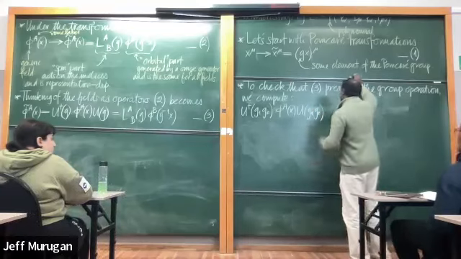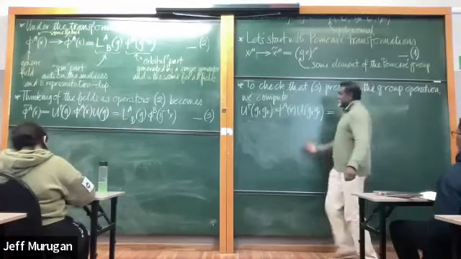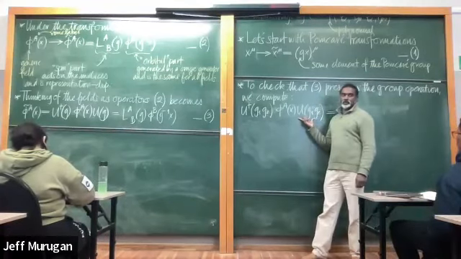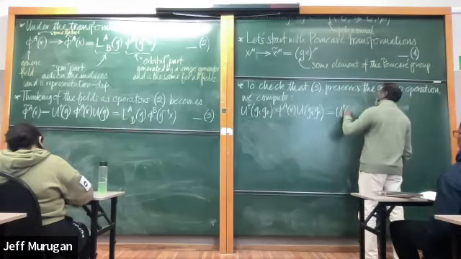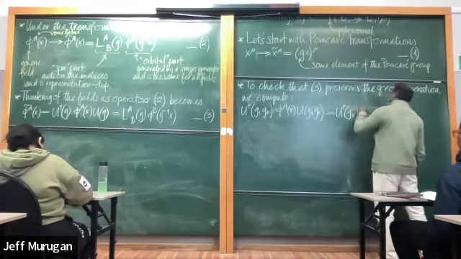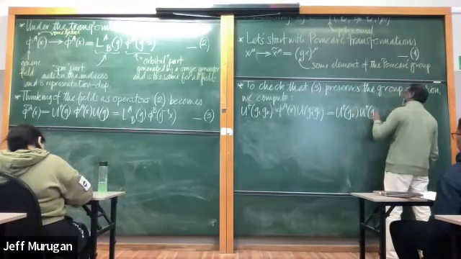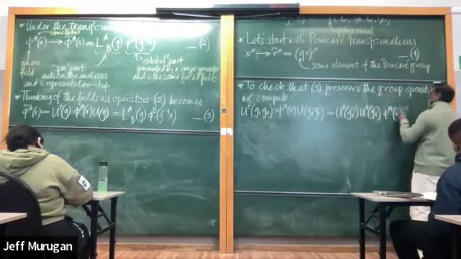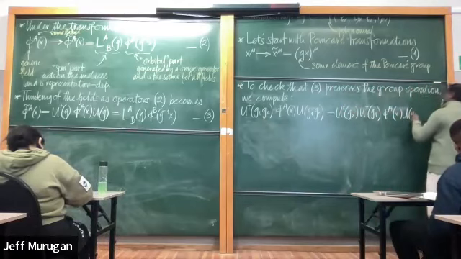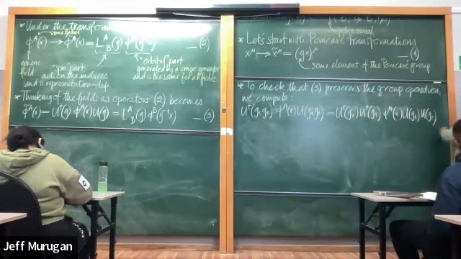So this is equal to U dagger of g2 U dagger of g1 times phi a of x, U of g1 U of g2.